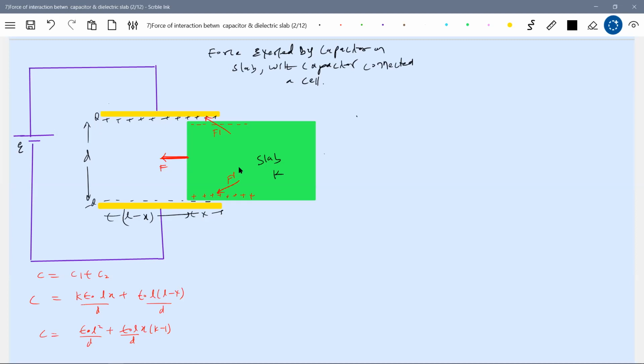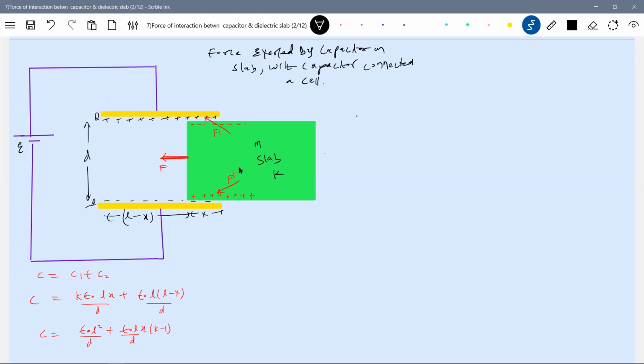Now tell me, because of the force acting, the slab will have a mass, and what is the volume? Here X will be the length of the slab, equal to L. So I'll write some condition here.